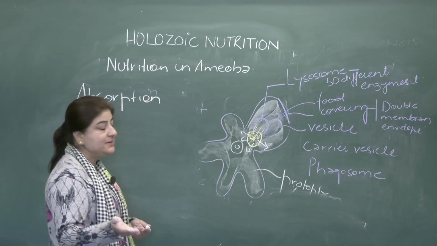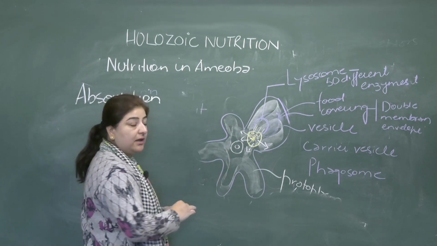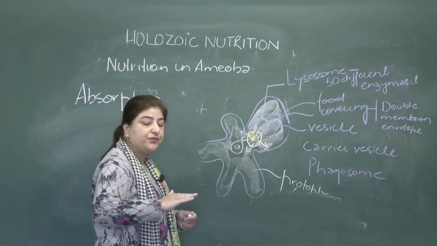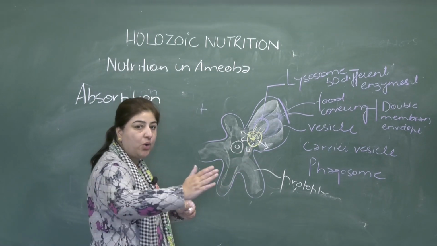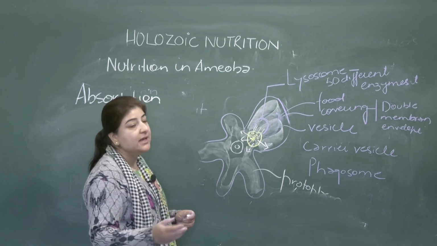Now, what happens in absorption? Firstly, this diffused food which came out of the gastrule diffuses throughout the cytoplasm with the help of cyclosis.